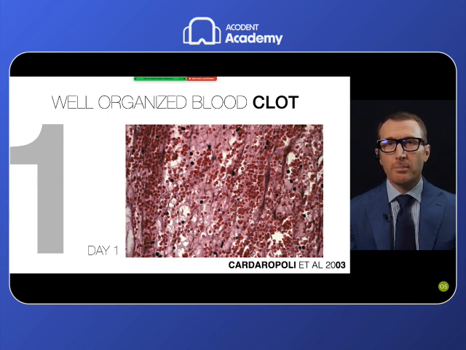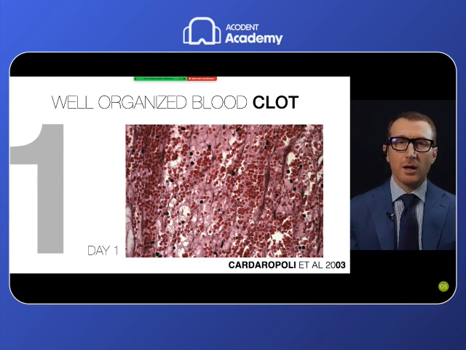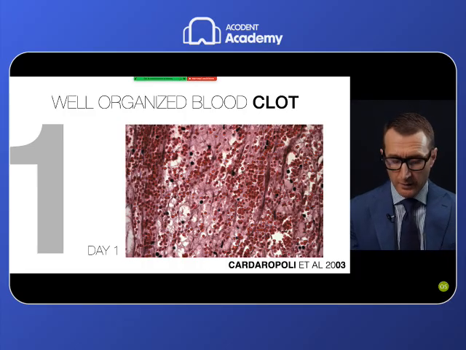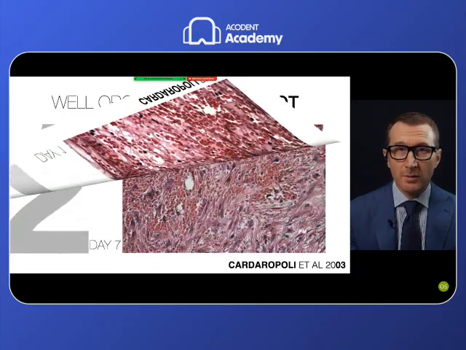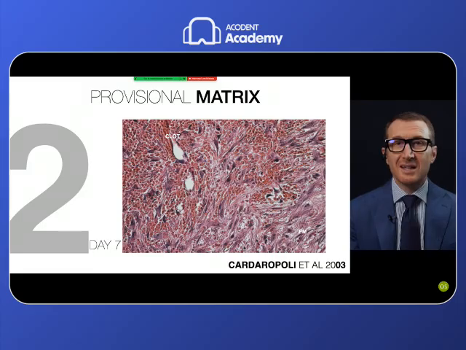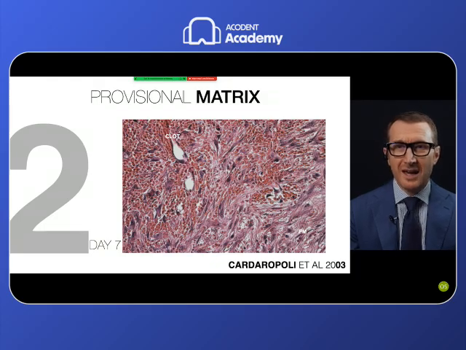And why is the blood clot so important? Because the blood clot will be the frame for the provisional matrix formation, which is the first tissue that we are going to have in the wound area, a very dense collagen tissue rich in collagen type 1 and a lot of blood vessels.